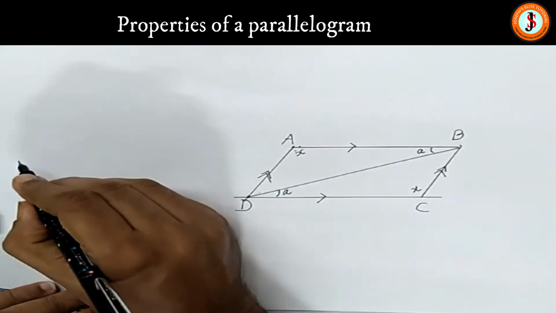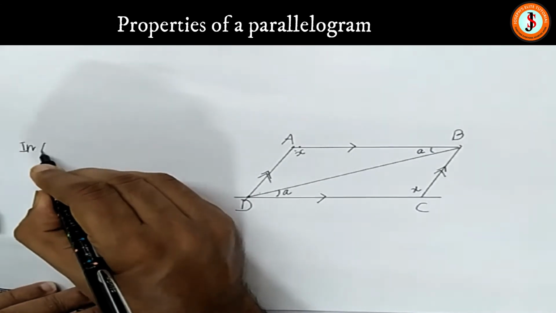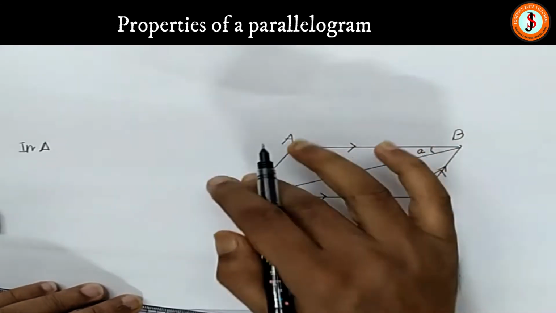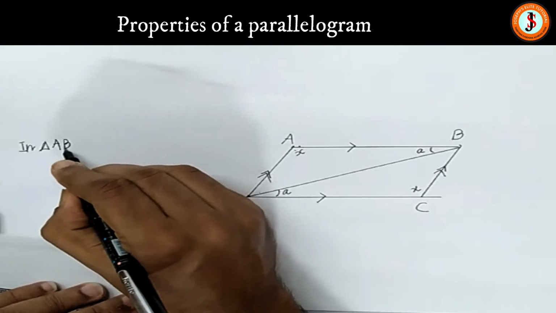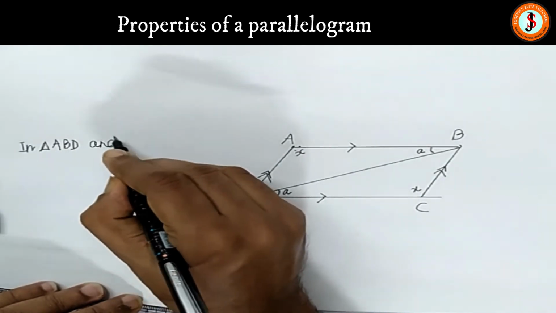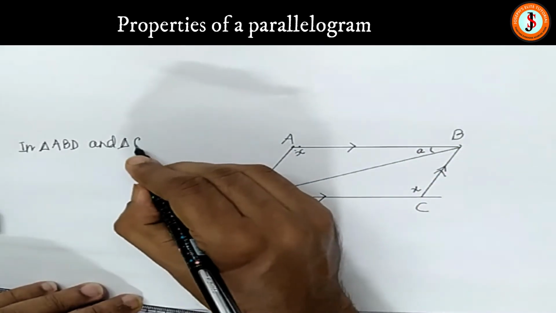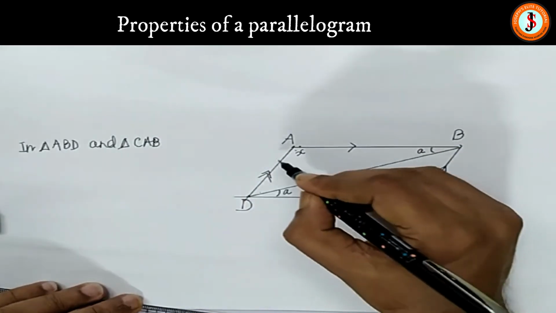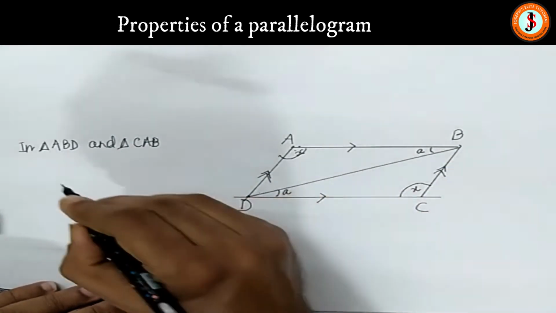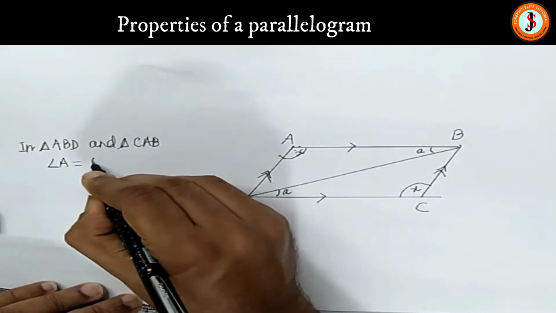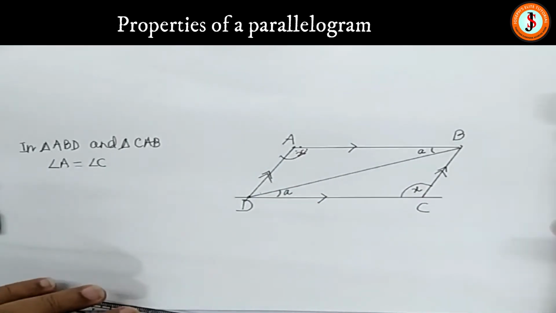So now what happens? In triangle ABD and triangle CAB, what is happening? Angle A is equal to angle C. Why is angle A equal to angle C?